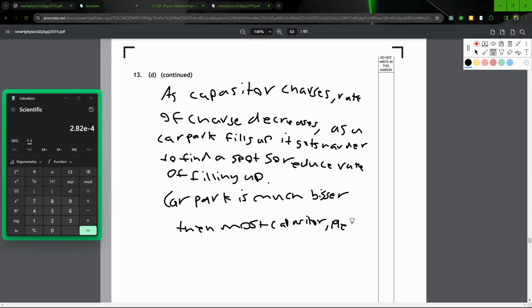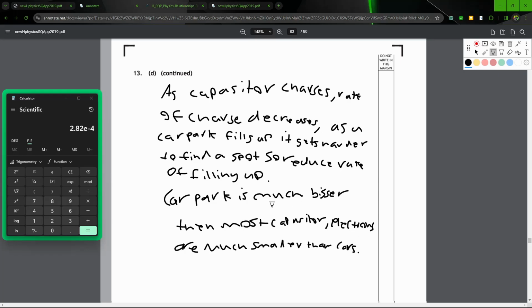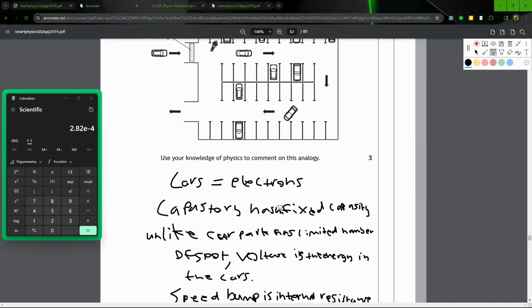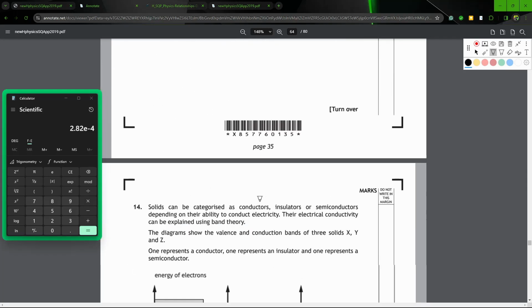And it would say electrons are much smaller than cars. Yeah, I might give the marker a chuckle, and that's always a help. There we go. And let's move on. You can ramble about this for ages, but I'm just writing down kind of the basics.